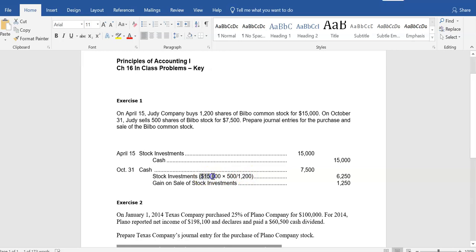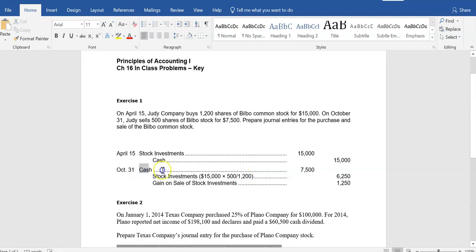So of the total investment of $15,000, we will multiply it by the fraction of the investment that was sold. 500 divided by 1,200 times the 15,000 means of the total $15,000 investment, only the cost of $6,250 was sold. So we only decrease the investments by the portion of the cost that was sold.